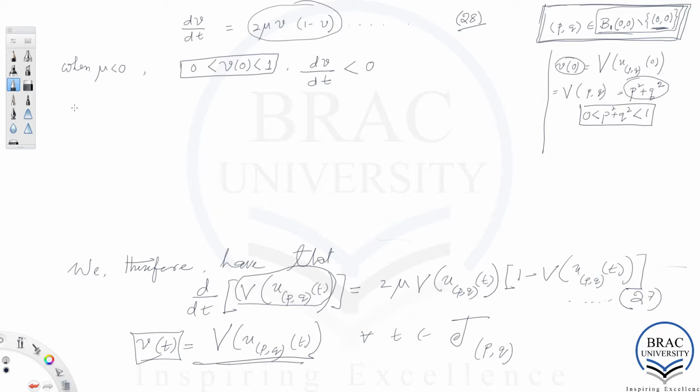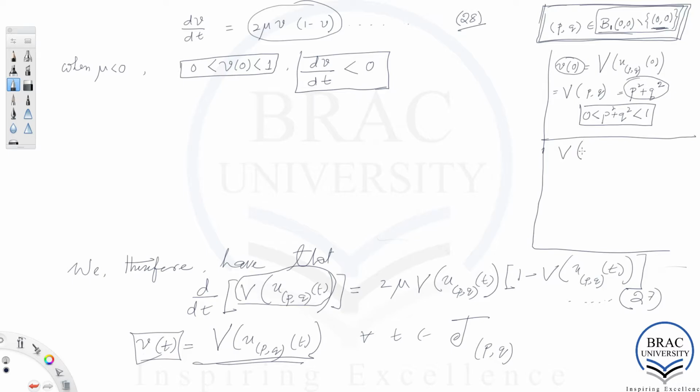Okay, so thus if this vector p comma q belongs to this set, I have already said it, so I don't want to repeat it. And so this is good. It is strictly negative.